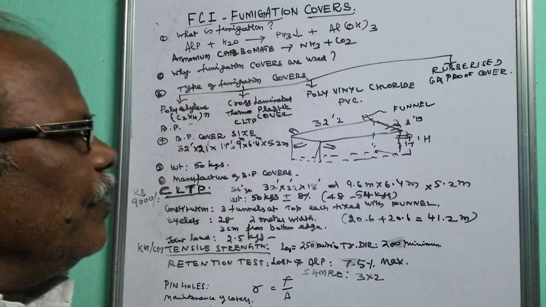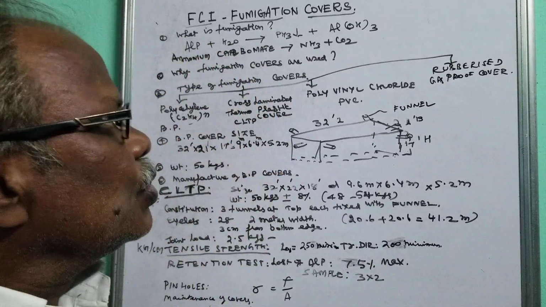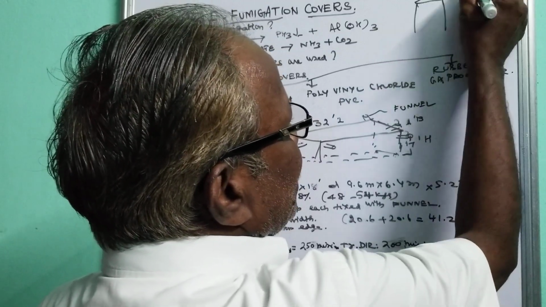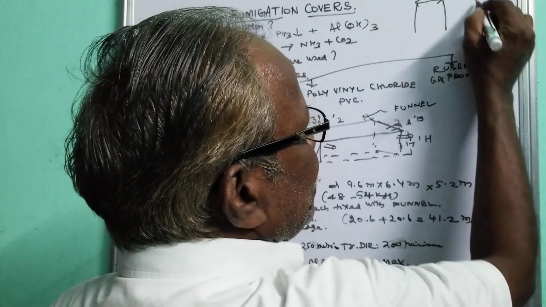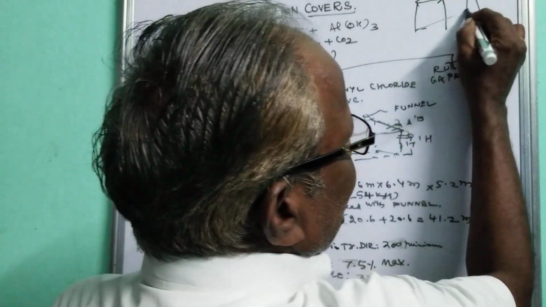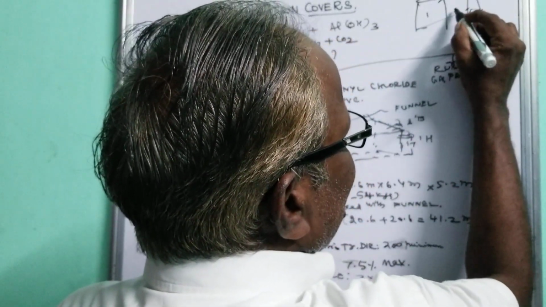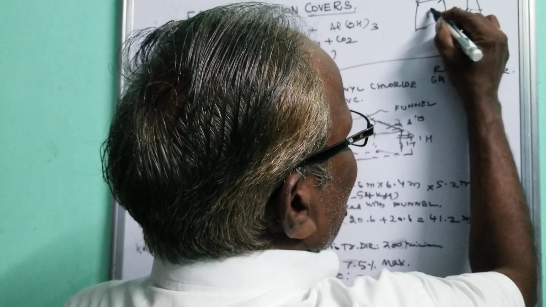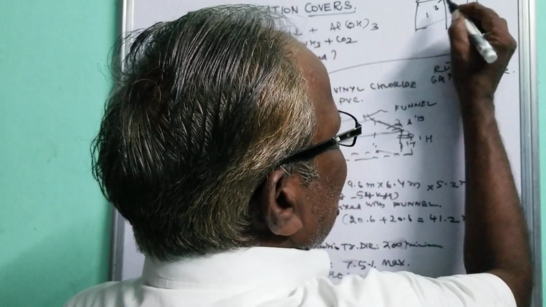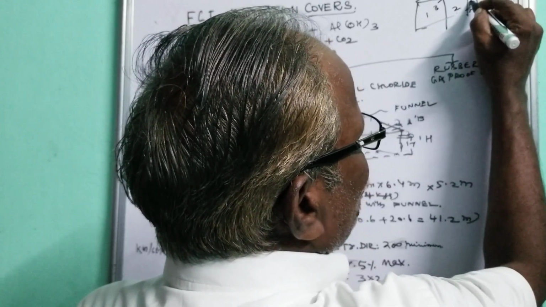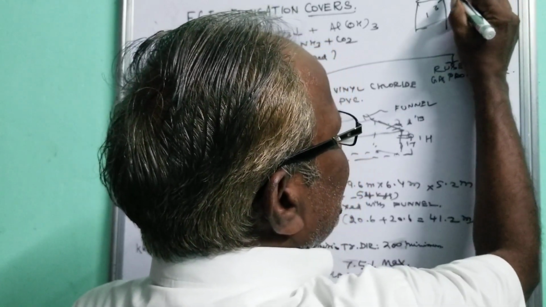Then why are fumigation covers used? The stock has 5 sides: the top, this breadth side, this length side, another length side on the opposite side of this one, and another breadth side, and fourth, the top.